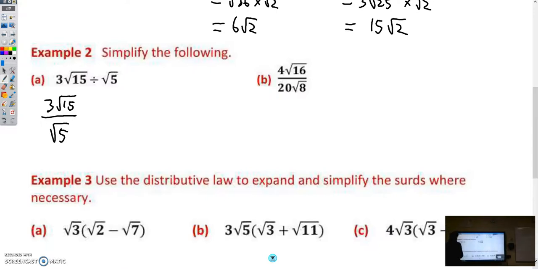Root 5 is a factor of root 15. We can show this by writing it as 3, and the factors of 15 are 3 and 5. So 3 root 3 times root 5 over root 5. Here you can see that the root 5 cancels out with the root 5, and we are left with 3 root 3.